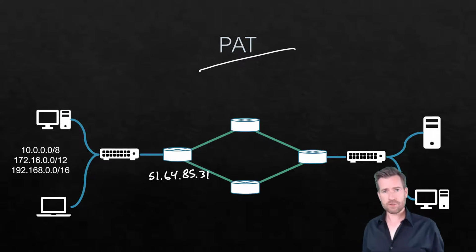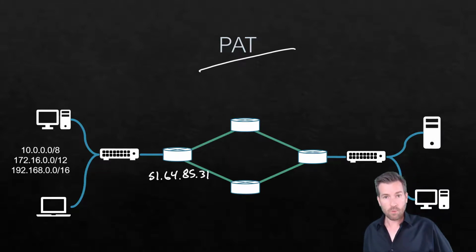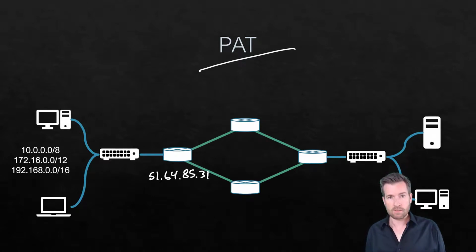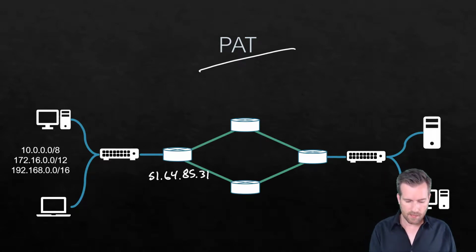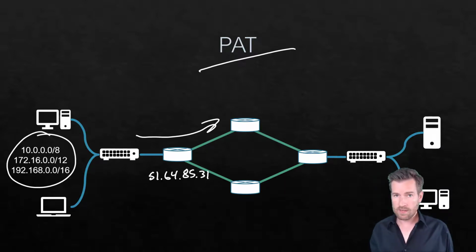And so port address translation is really what most devices use nowadays. When we talk about NAT, it's actually port address translation. So the concept is still the same, that you have these private addresses back here within your network, but then as it goes out to the outside world, it gets translated into another address.